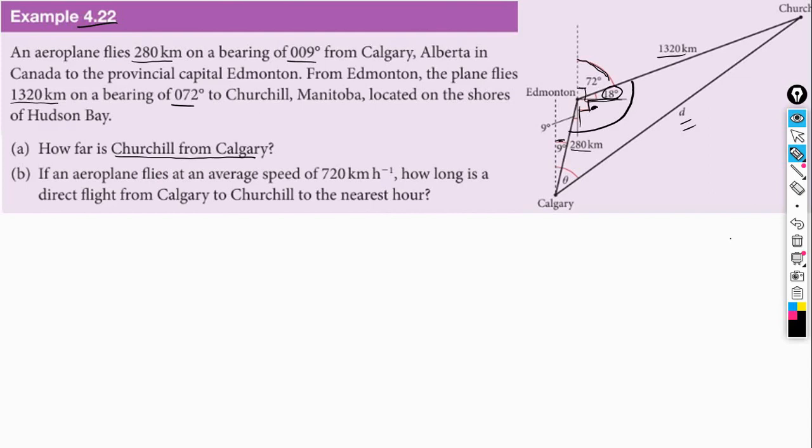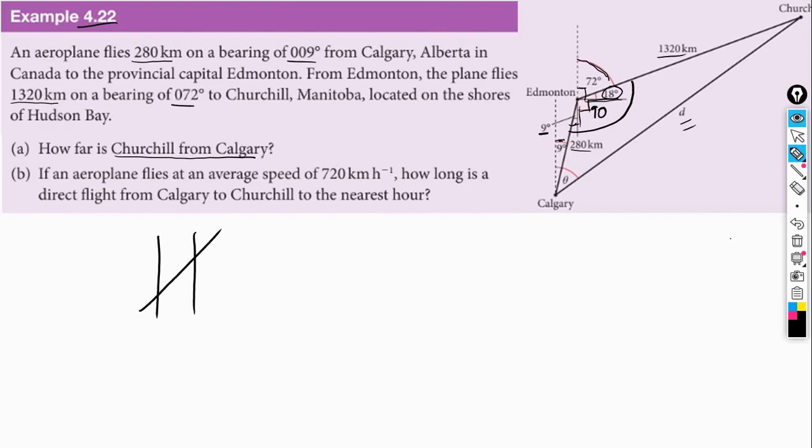Then we know that this is 90 degrees. And then we also know that this little bit that is missing here is 9 degrees. Now, why is that 9 degrees? Because if you have two parallel lines, like this, and then a line that crosses those parallel lines, you have the case of alternate interior angles.